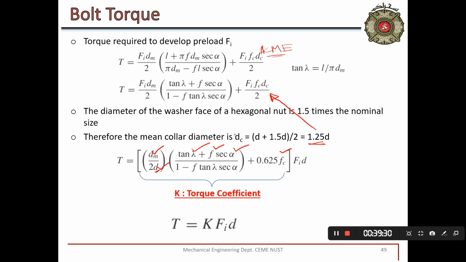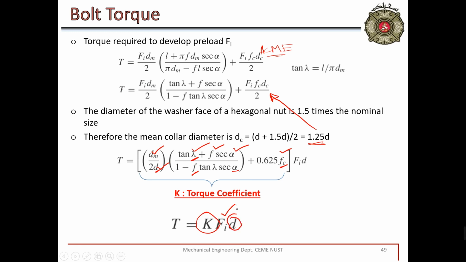Also, from threads per inch, calculate lambda. For the material of the bolt, calculate friction. For the collar, calculate fc and alpha. After calculating all these parameters, calculate K. Then multiply it with the preload required, or the preload that you know, and the diameter d.